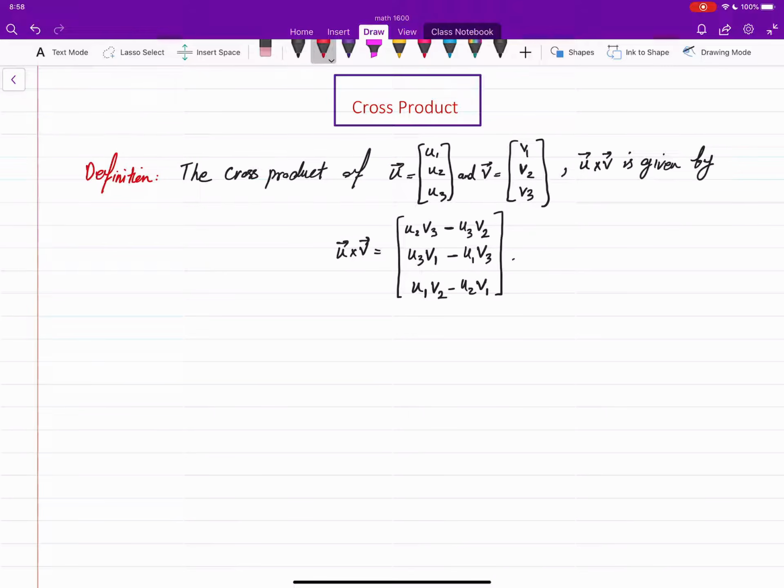There is a trick that will help you keep the formula in mind. To get the components of u cross v, write the components of u and v next to each other, first u, then v.